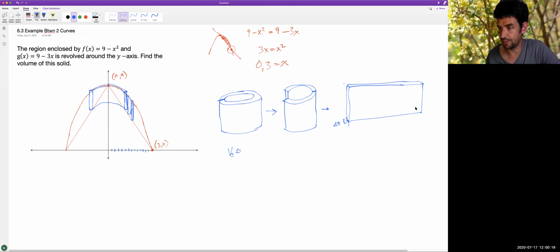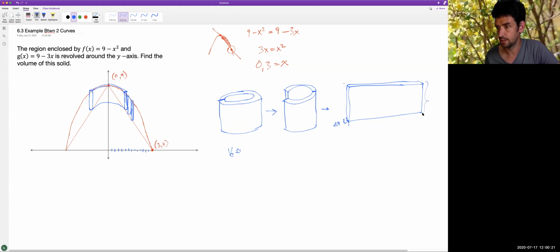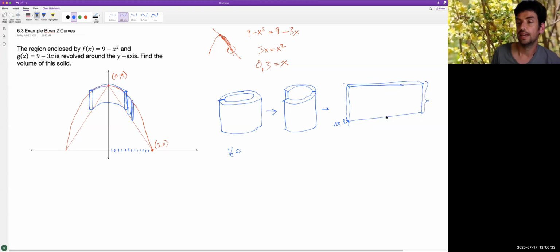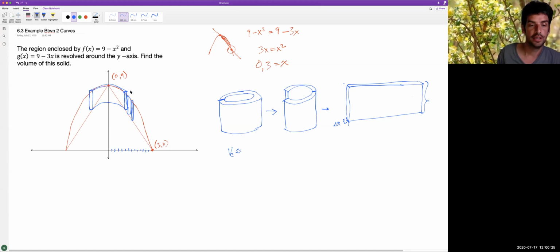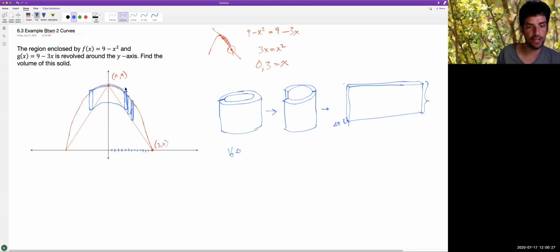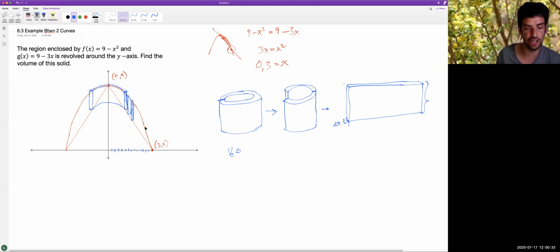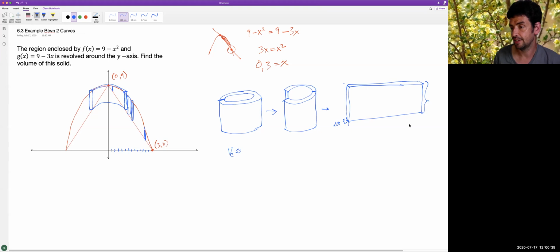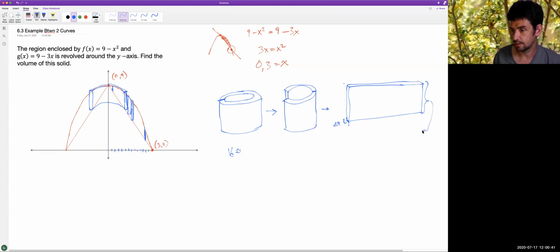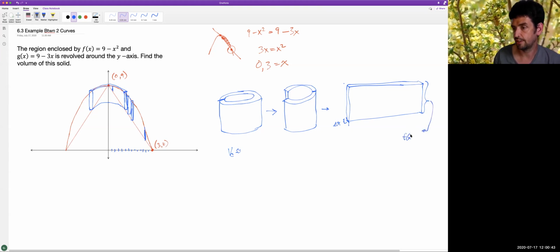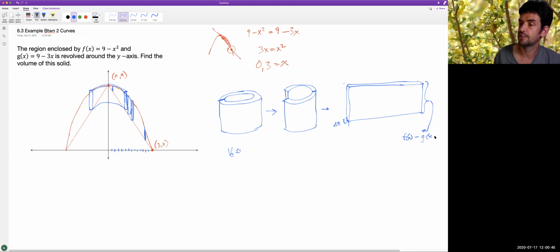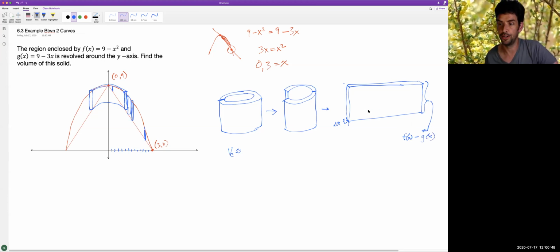The height of this thing is just going to be the difference between f and g. Looking at the picture, the top of it is at the function f, the bottom is at g, and that's true whether we're doing an interval over here or an interval over here. So this height is going to be f of x minus g of x.